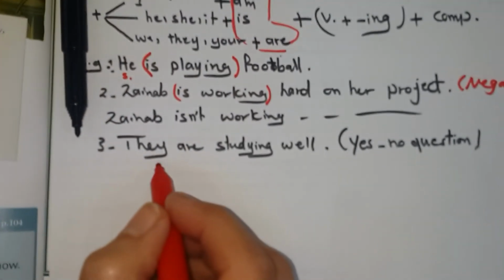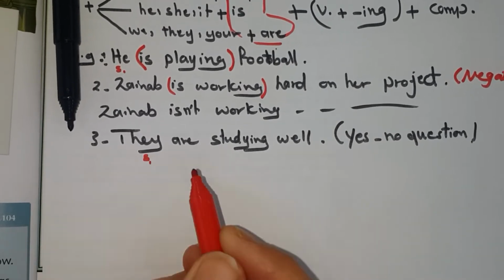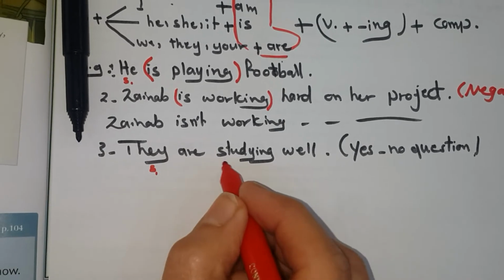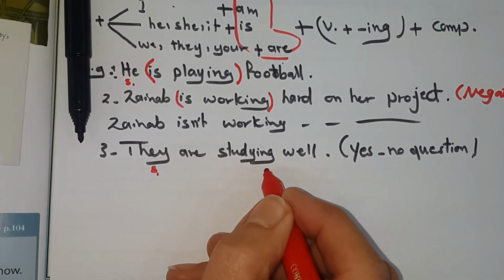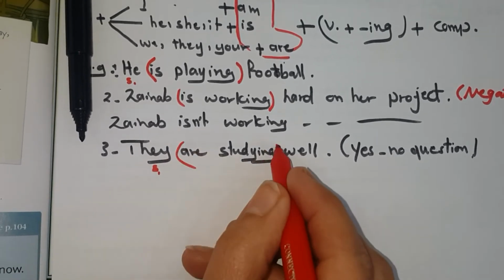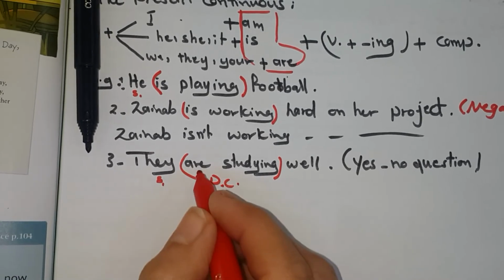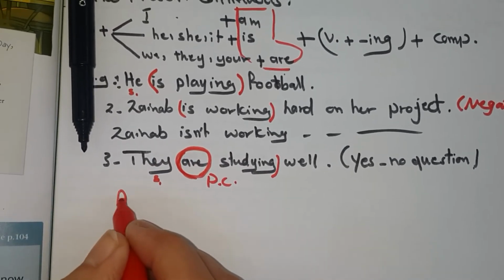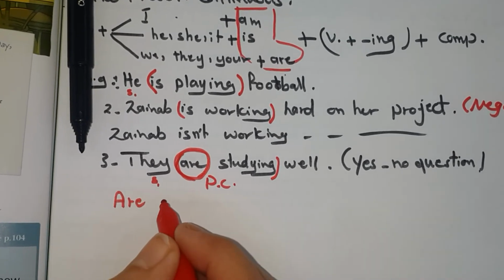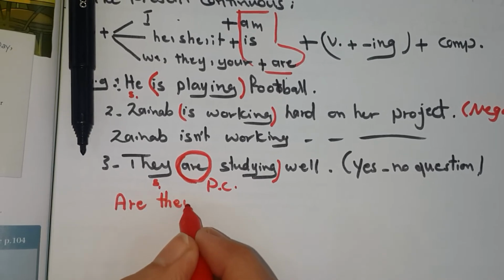So now let's come to this sentence and try to know what the tense is. This is the subject. Are studying. Are with a verb that ends with ing. So this is present continuous tense. And I have the auxiliary are. Capitalize it, put it first, then we have a subject pronoun.